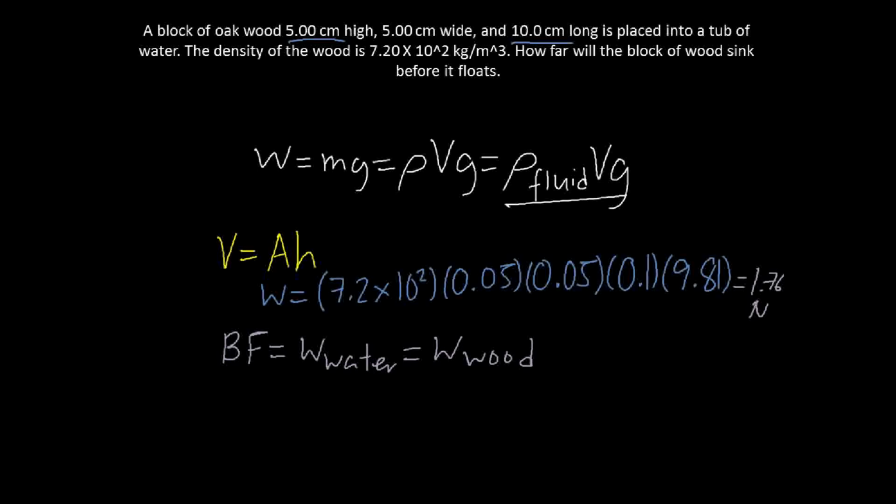The weight of the water, by referring to that equation, will use this formula: rho water times this formula, where the volume will be A times H, times g, which is the acceleration due to gravity.